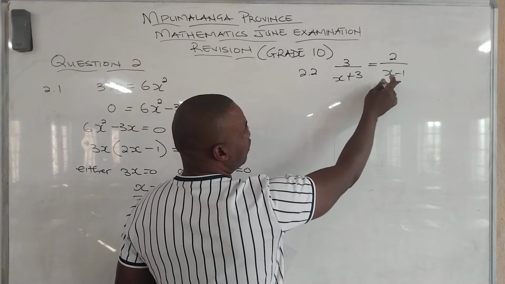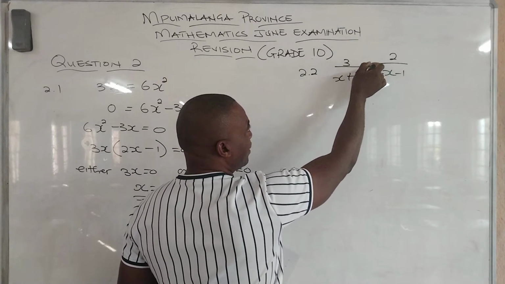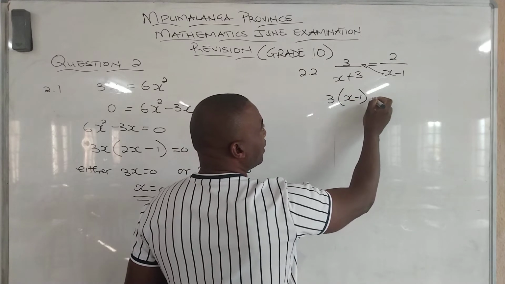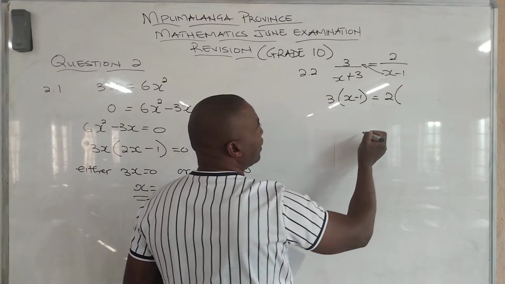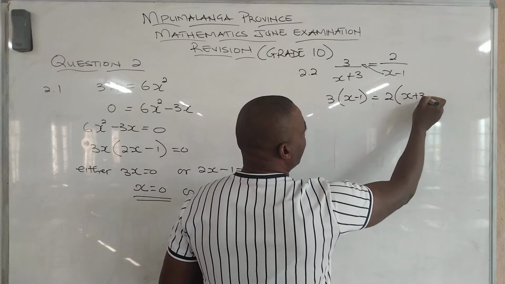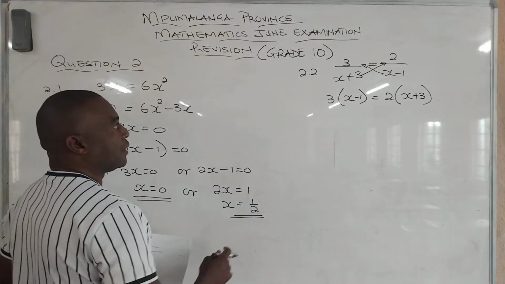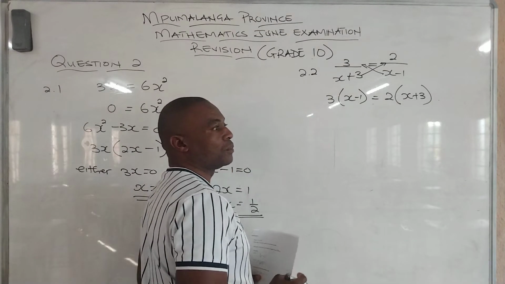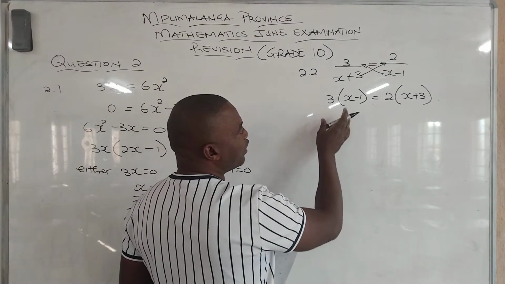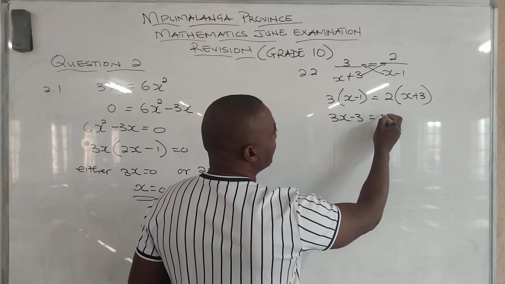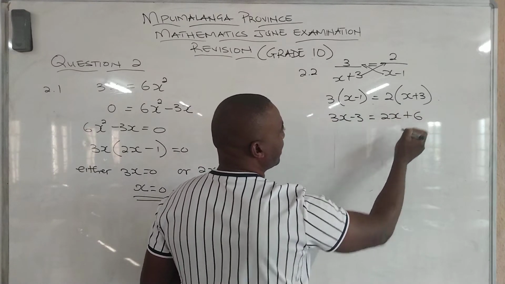So that means if we cross multiply, this will be 3 by x minus 1 is equal to 2 into x plus 3. Then we just need to remove the brackets. That will be 3x minus 3 is equal to 2x plus 6.